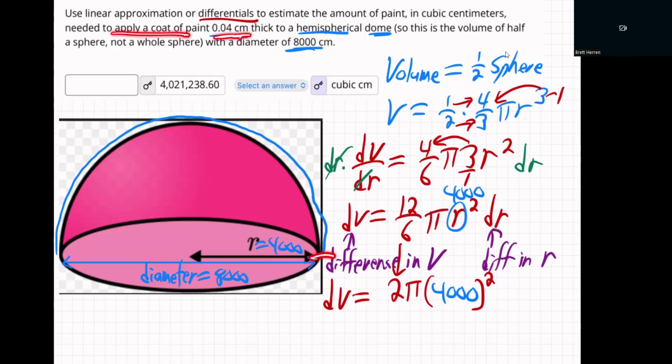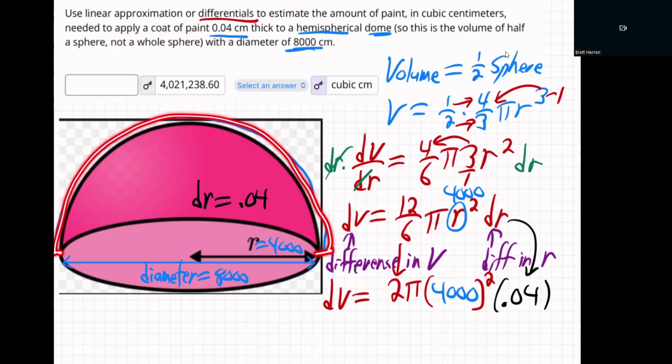Because the radius will go out 0.04. The dr, change in radius, must be 0.04 because it gets thicker, right? You might think they're adding 0.04 to this side and 0.04 on the other side, but still, the radius from the middle to the edge will get larger by 0.04 for that layer of paint.